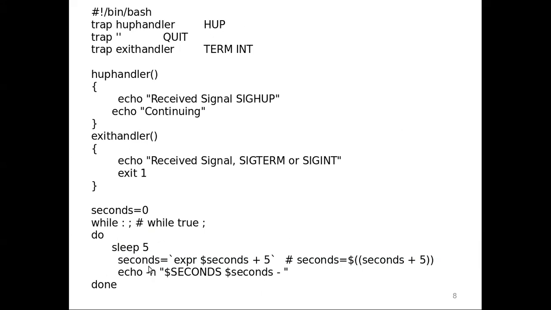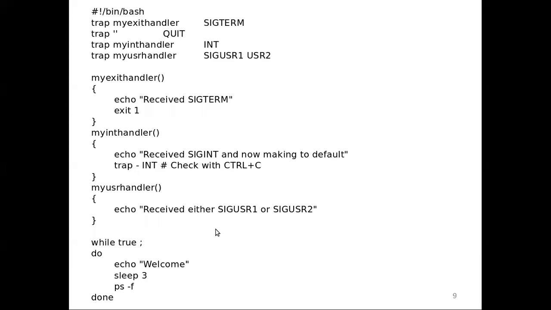I have seconds set to zero, and every time I do a sleep and print how many seconds, 10 seconds, 20 seconds, this particular application is taking. You can also do an infinite loop like this: while true, with a colon marking the end of that statement. This is another example.